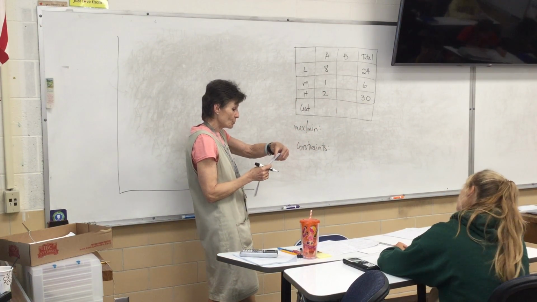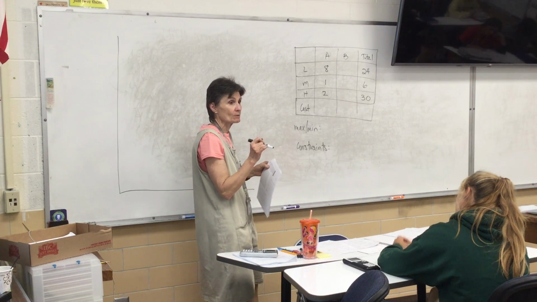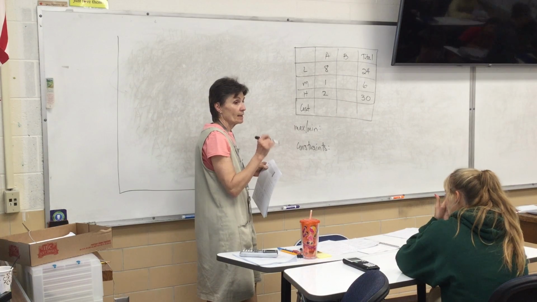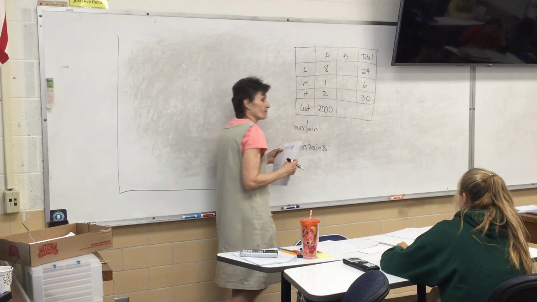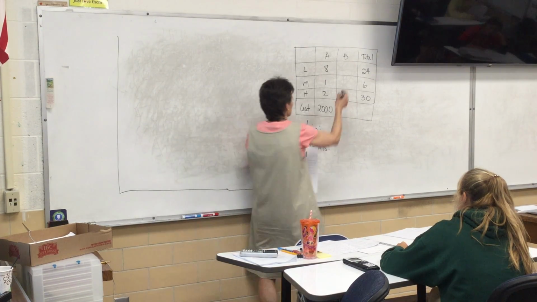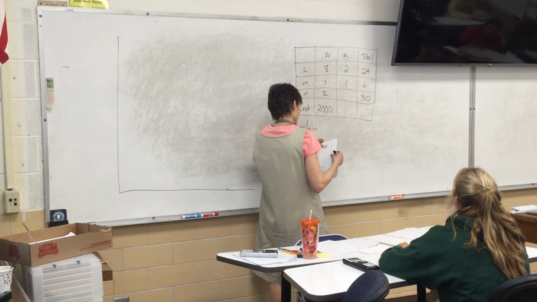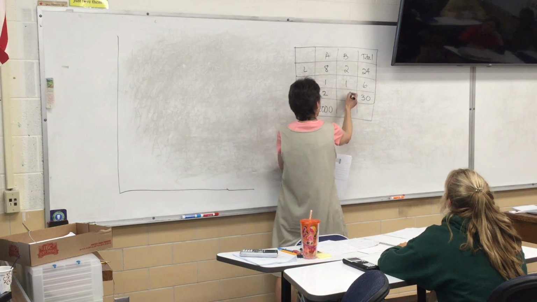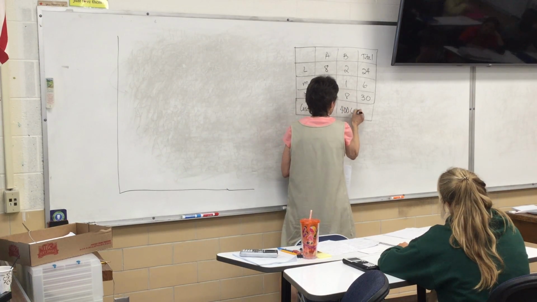It costs $2,000 per day to operate. So where does the $2,000 go? A cost. Factory B produces 2 tons of low, 1 ton of medium, and 8 tons of high, and it costs $4,000 a day to operate.